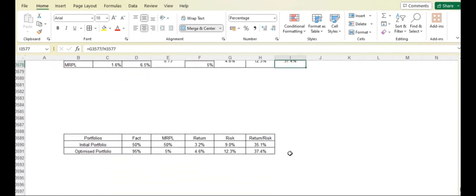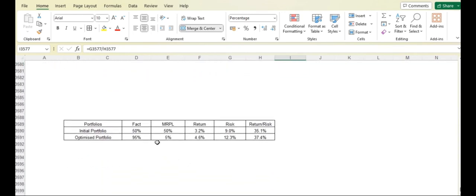Now if you compare the two portfolios, the initial portfolio where we had a 50% mix towards fact and a 50% mix towards MRPL, we had a return rate of 3.2% and a risk rate of 9%. The return adjusted for risk was 35.1%.